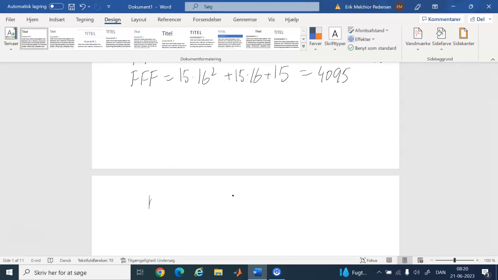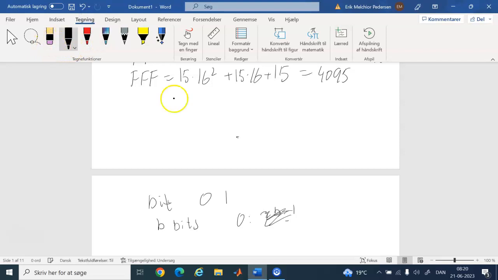Then there's what we call number representation with bits. For example, 0 and 1 is 1 bit. And with b bits, you can represent from 0 to 2 to the b minus 1.